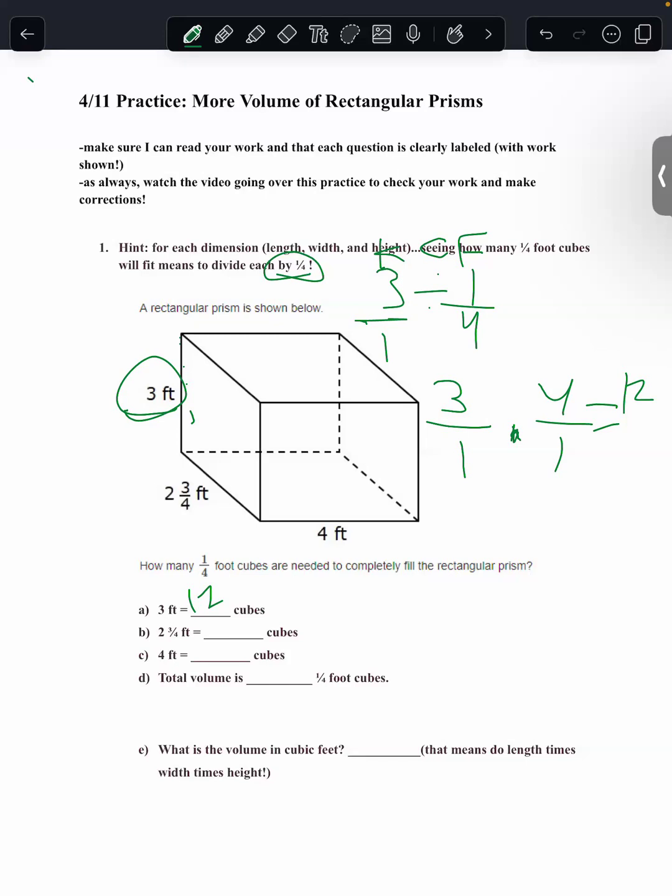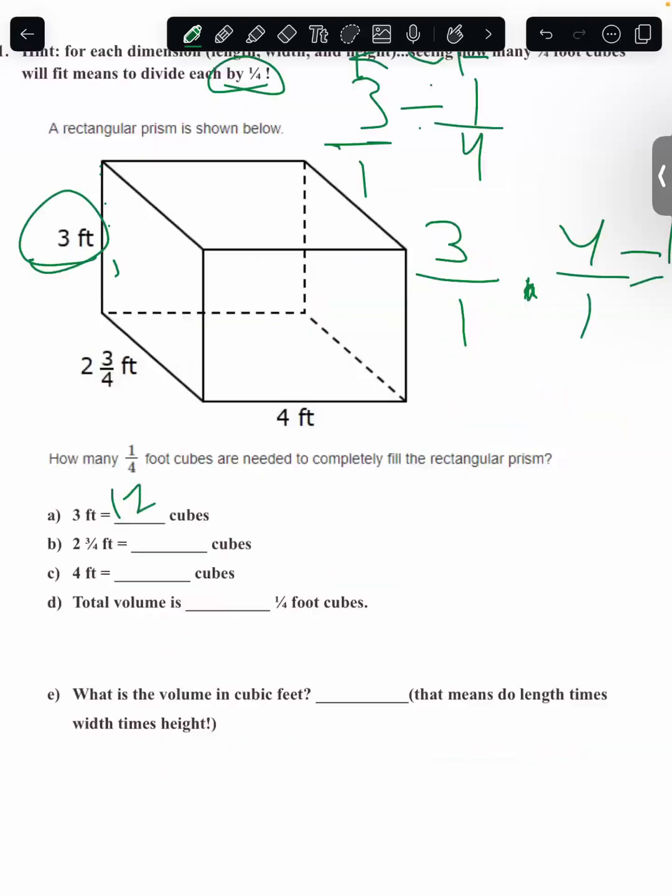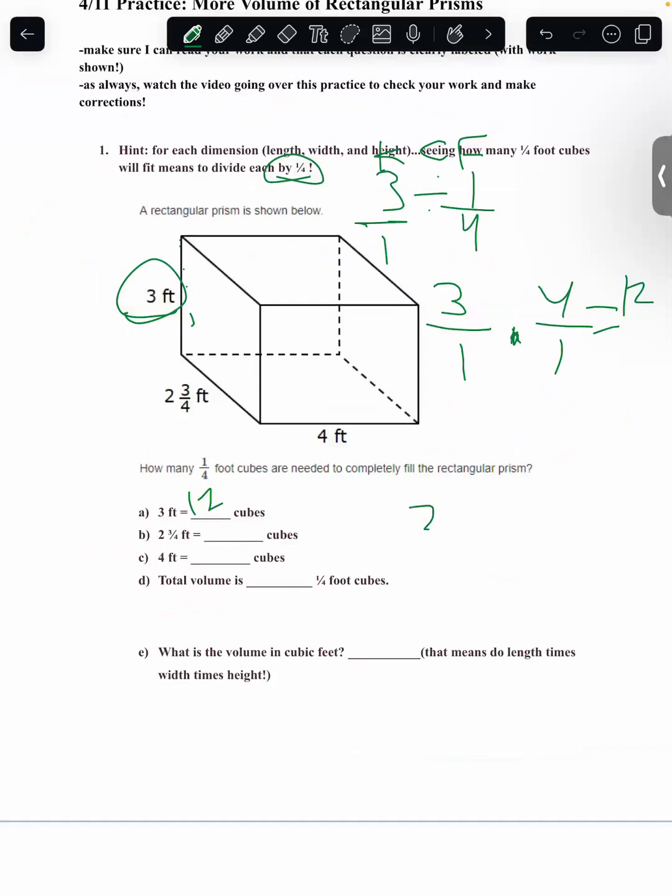Okay, 2 3/4 feet. Now we've got 2 3/4, and we're dividing it into fourths. How many fourths are in 2 3/4? Well, 2 times 4 is 8 plus 3 is 11 fourths. Divided into fourths is going to give us 11 pretty clearly. But here's the way the work should look.